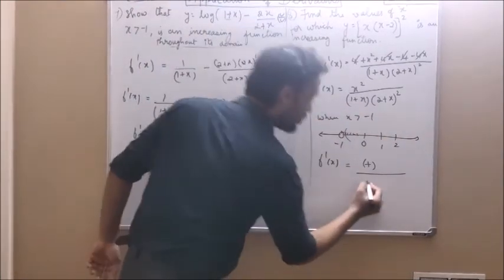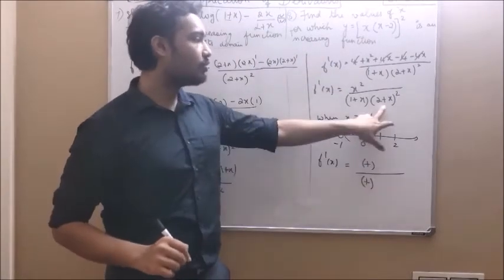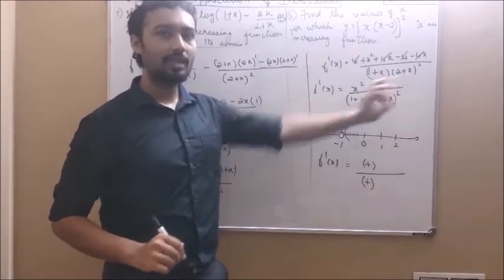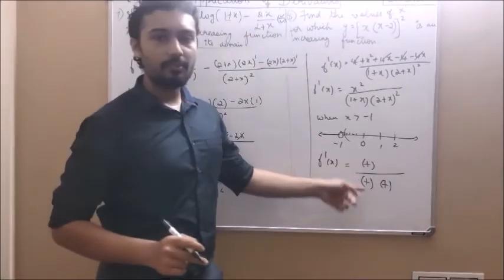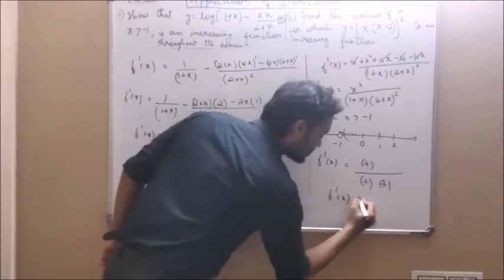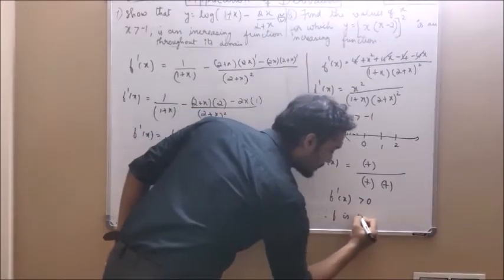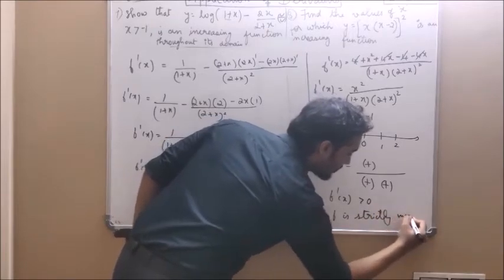So this is positive. Next, (2 plus x) the whole square. You take any value of x, this square is always positive. So positive divided by positive into positive. So f dash of x is positive. So f dash of x is greater than 0. Therefore f is strictly increasing.